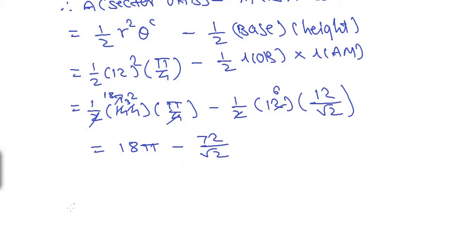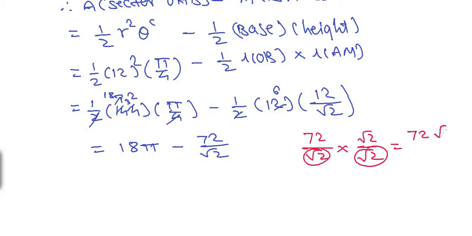We shall simplify this 72 by root 2 a little bit. Let us simplify it separately like this. 72 upon root 2, multiply and divide by root 2. Now in the denominator, root 2 into root 2 is root 2 square. When we square it, root sign will disappear. So we get 72 root 2 in the numerator and 2 in the denominator. That is equal to 36 root 2. Let us substitute over here.